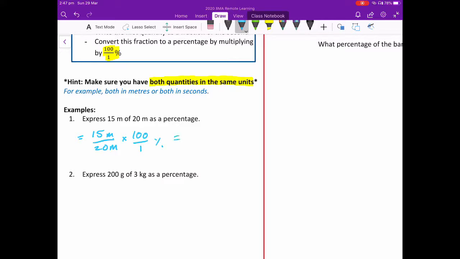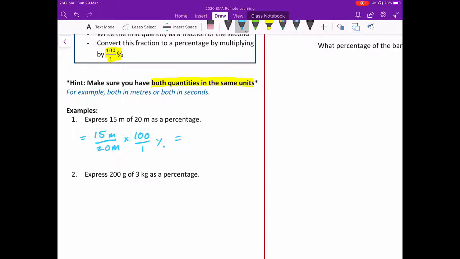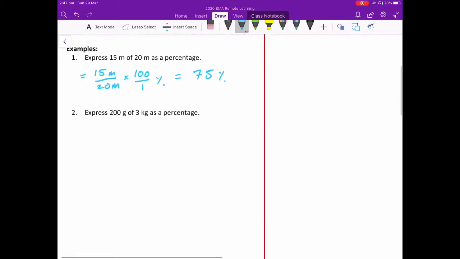Okay, now you can put this into your calculators. So you go 15, a fraction, over 20 times 100 over 1. And that should give you a nice solution of 75%.